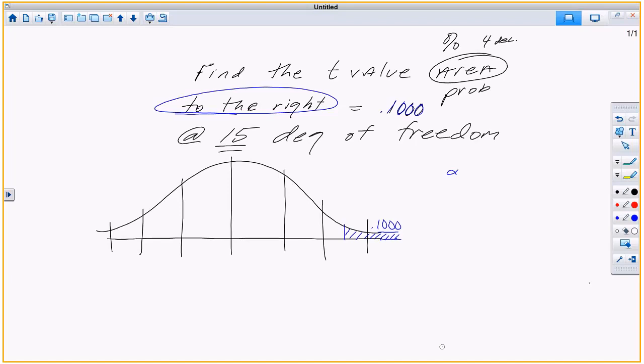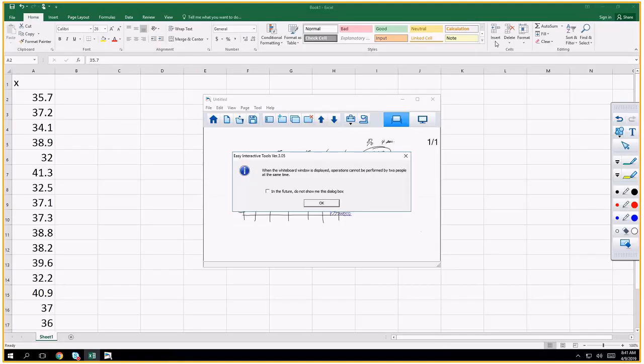Okay? So when you look it up, I'll just tell you on your calculator, let's go ahead and go to your calculator, because I'm just going to do it on the calculator. Pull up your calculator.